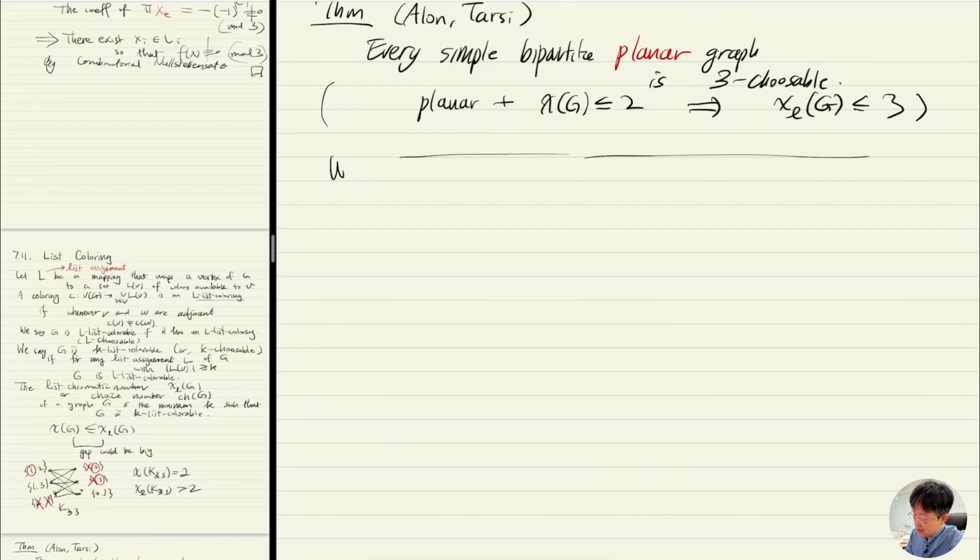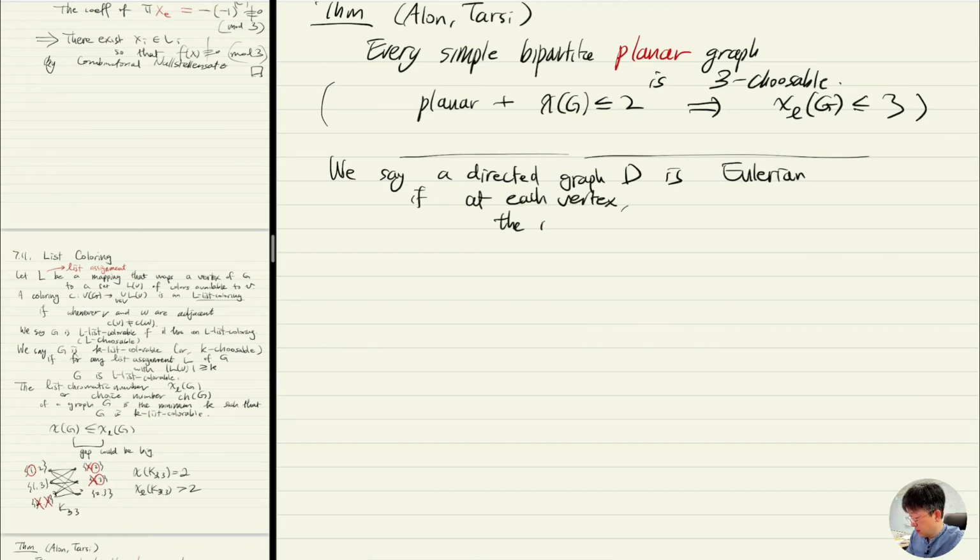We say a directed graph is Eulerian if at each vertex, the in-degree is equal to the out-degree.